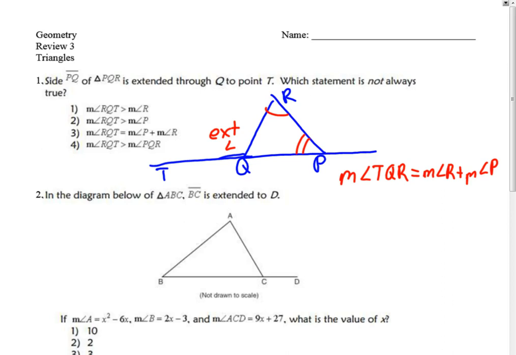So the question is, which one is not always true? Well, if this is true, obviously it's not going to be choice 3.